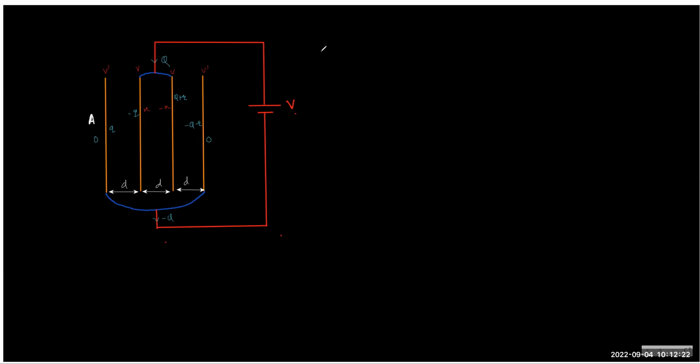Let me change the name to make a better assumption. If this is V1, this is also V1, yes or no? And if this is V2, this is also V2, yes or no? And can we say V1 minus V2 is capital V? Yes or no? Yes.